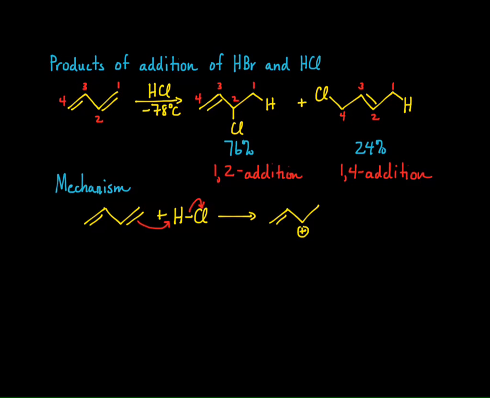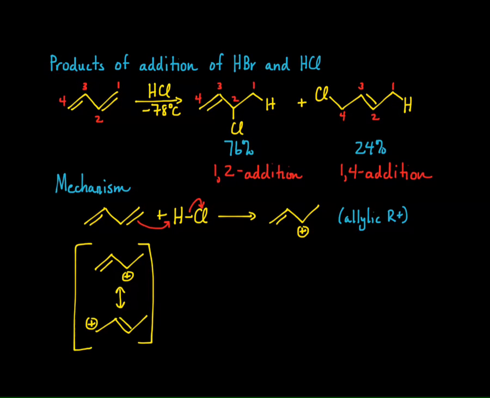The result is an allylic carbocation, which we know we can stabilize, right? So we can stabilize that through resonance. And when I draw this allylic carbocation, I know it has a resonance structure. So these are the 2 resonance structures of this particular allylic carbocation.